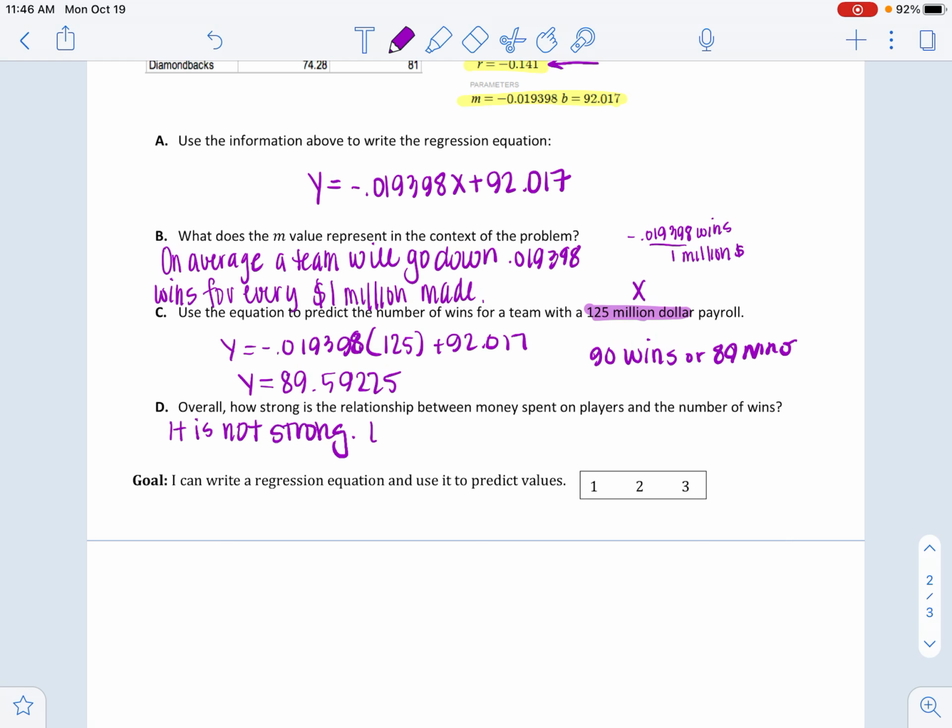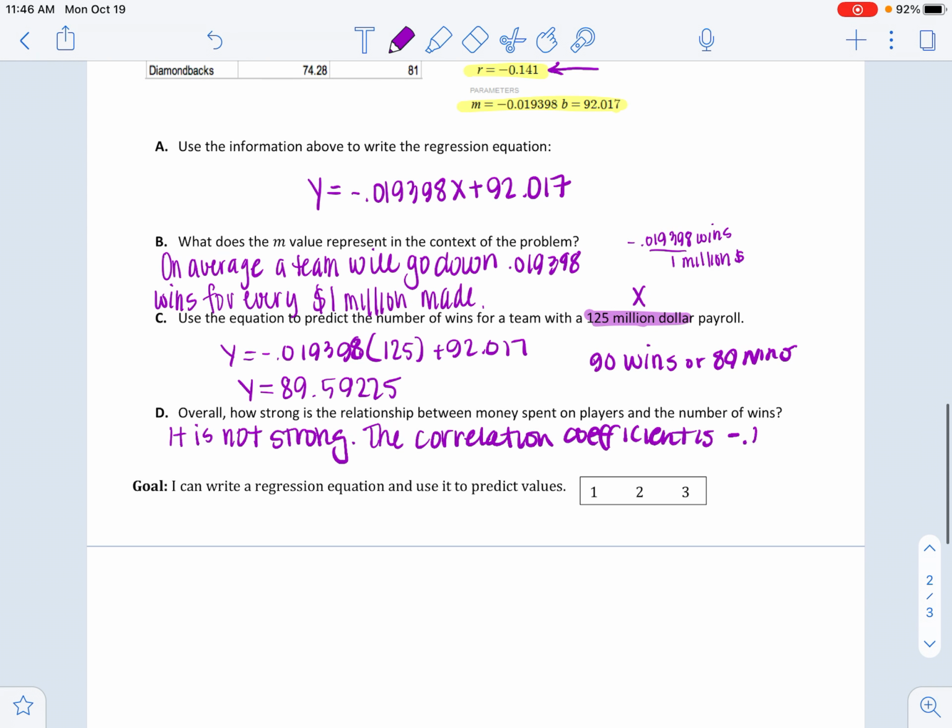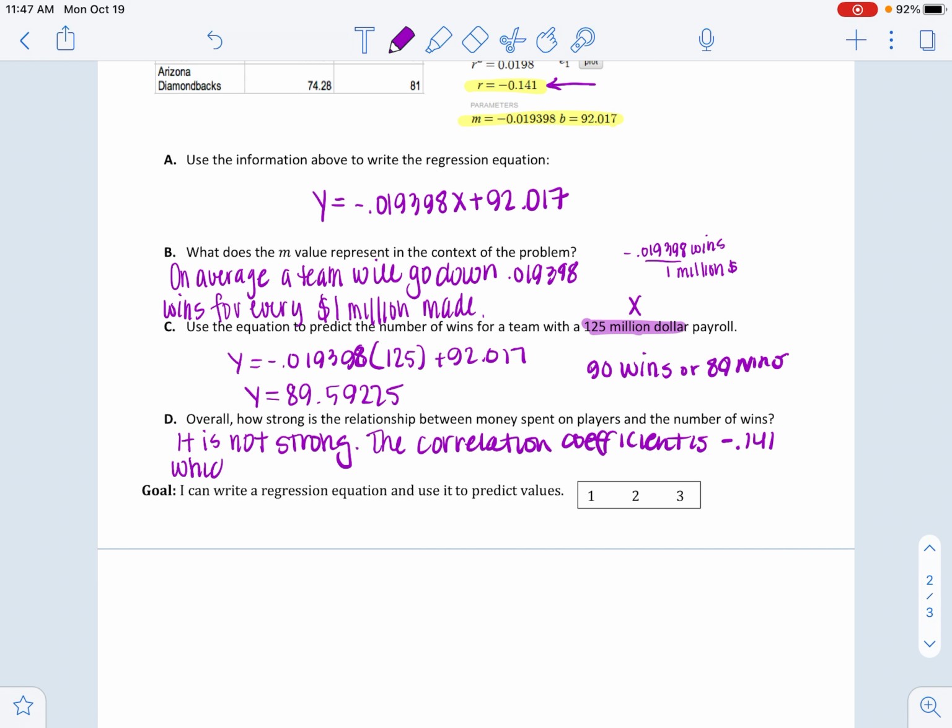The correlation coefficient is negative 0.141, which is pretty close to 0. So that means there's hardly any correlation at all whatsoever, okay?